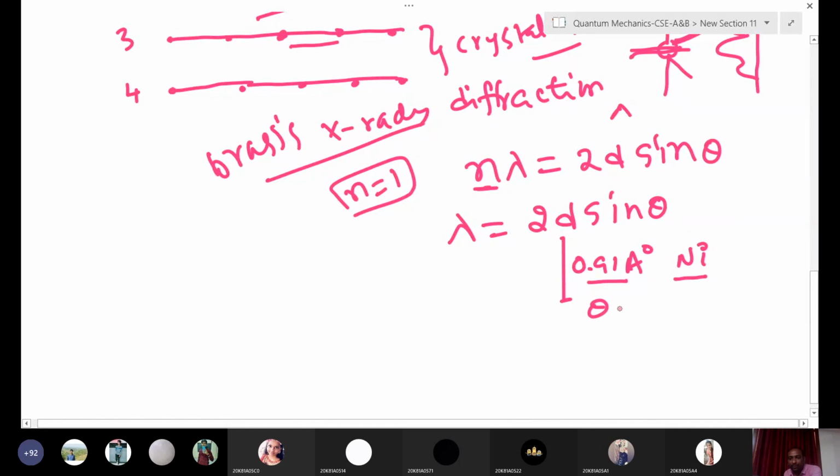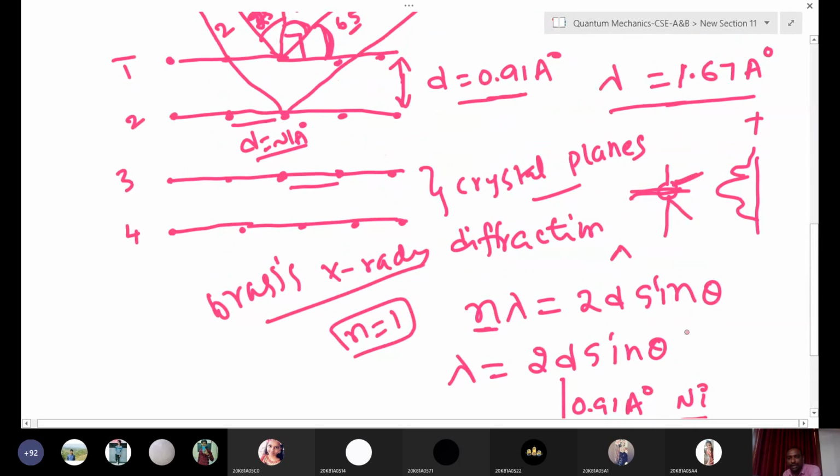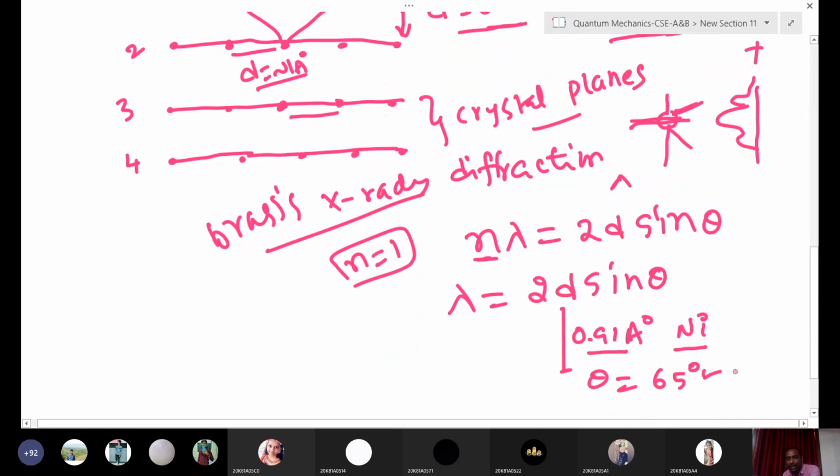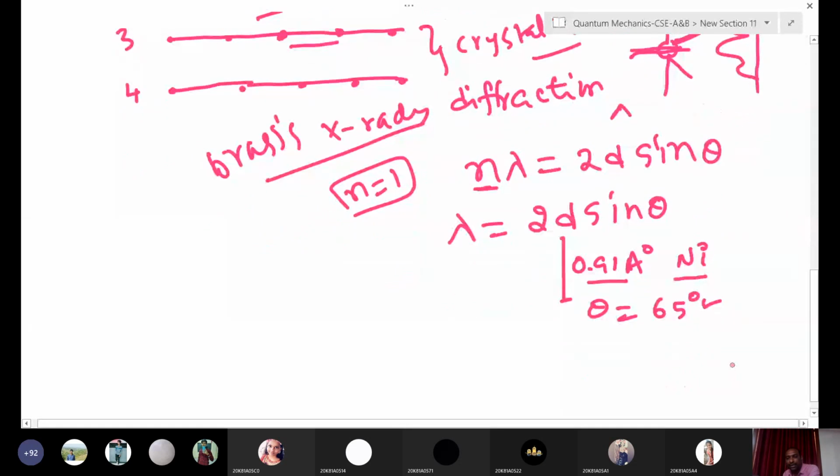What is the theta value here? 65 degrees. At 65 degrees we got the maximum intensity of the diffraction pattern. So substitute these values: lambda is equal to d, which is 0.91 angstrom, times sine 65.